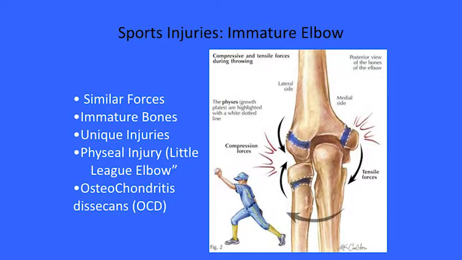The immature elbow presents different challenges. Now they have growth plates, the children, and they can get an entity called Little League elbow, where this structure right here has cartilage. As this is growing, the cartilage remains open and eventually fuses bone to bone.